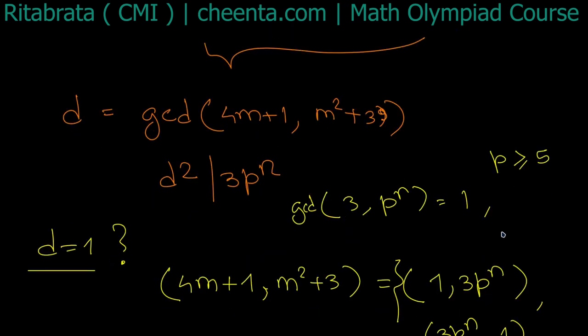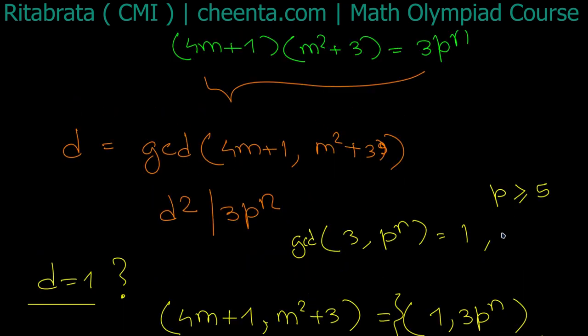So for all the other cases, none of the numbers is 1, so all numbers are greater than or equal to 3. Now see, as they don't have any common factor, both of them cannot have a factor p. So all powers of p are present in exactly one of them.